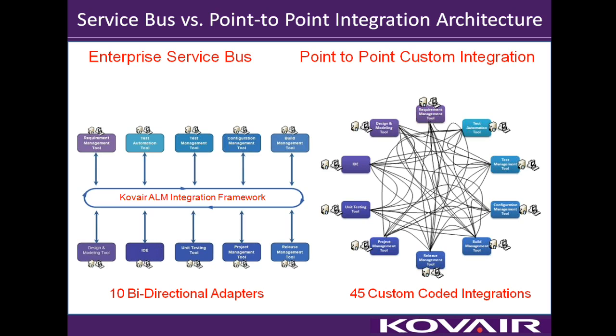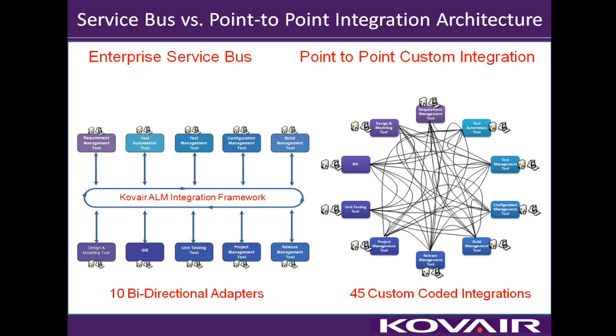So for example, if you have 10 tools, and here is an example of 10 tools, you need 45 custom coded integrations. Mathematically, it is n times (n minus 1) divided by 2, an order of n squared. Whereas for middleware architecture, you need one adapter per tool. So for 10 tools, you just need 10 adapters.